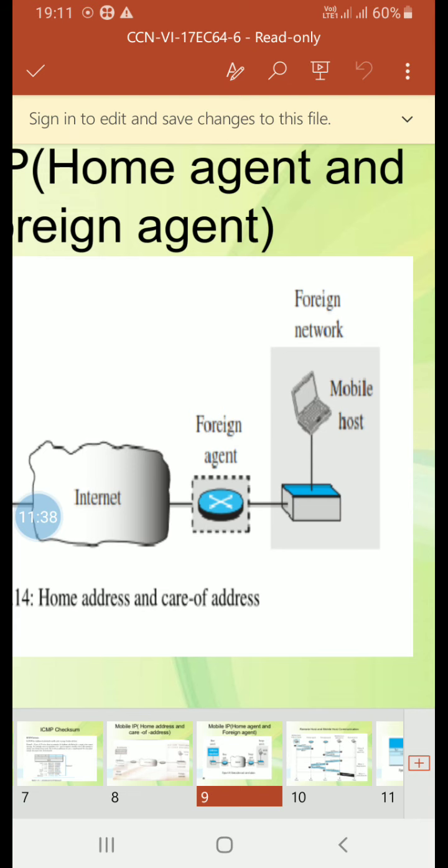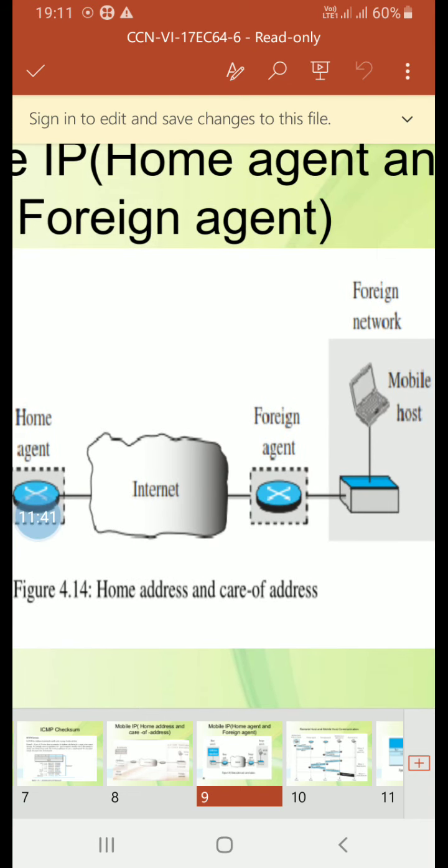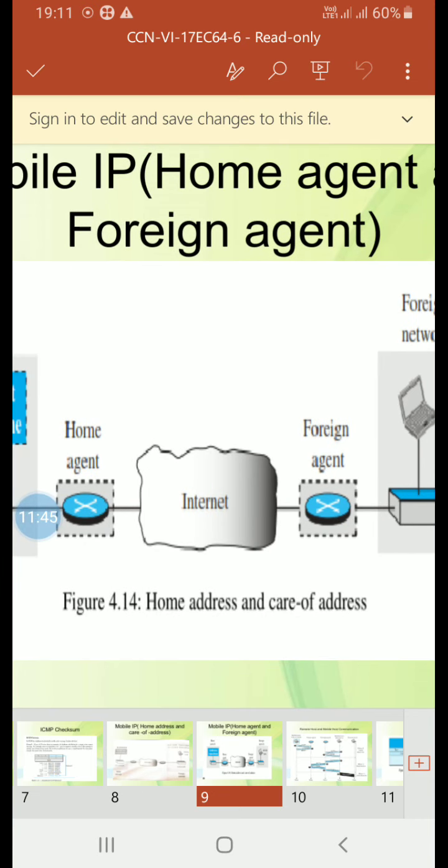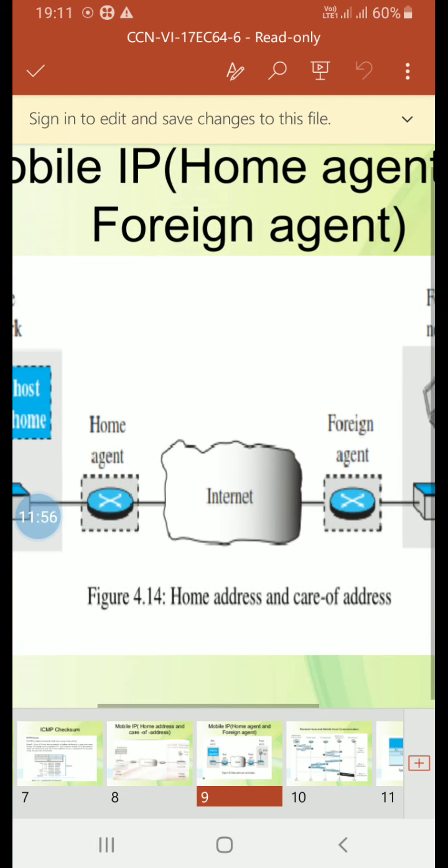In this diagram both the home agent and foreign agent are shown as routers, but they function as agents in the application layer. They are both routers and hosts.